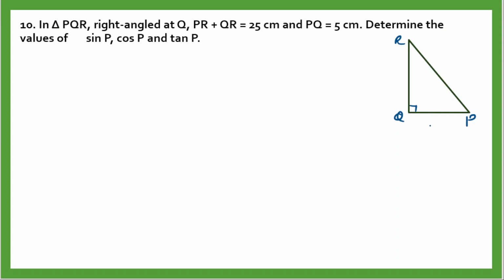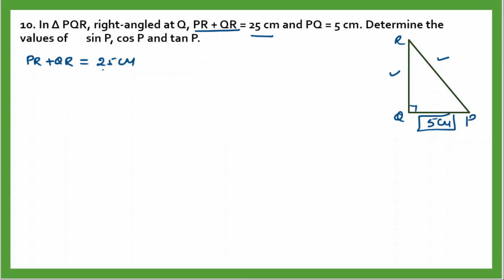PQ is equals to 5 centimeter. So this is your 5 centimeter and a relation is given to you. PR plus QR, this plus this, it is equals to 25 centimeter. It is given to you and you have to find the values of sin P, cos P and tan P.